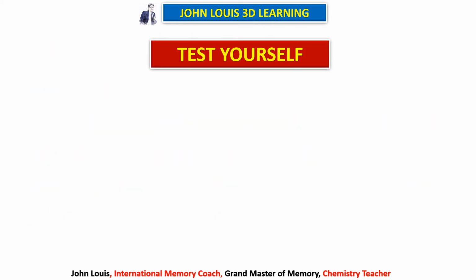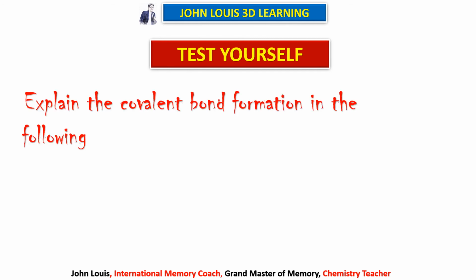Now test yourself. Explain the covalent bond formation in the following: bromine and iodine. These two are also halogens, no? Bromine also will have 7 electrons. Iodine also will have 7 electrons. Therefore, by sharing 1 electron each, both bromine atoms can complete their octet. Thereby it creates a covalent bond between two bromine atoms.